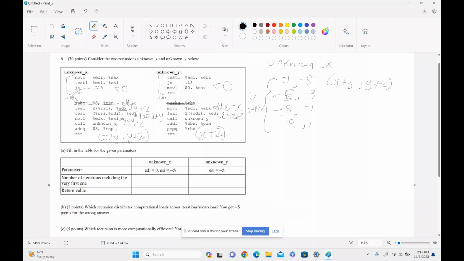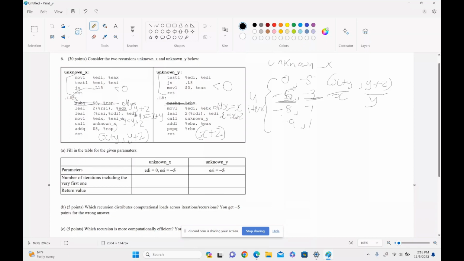Do you see the first value is 0, -5? I got it from the table, okay? So for the next value, we just plug those values in this equation. So this part is just X, okay? And this is Y. If you plug these values in, 0 plus -5 is -5, okay? And then Y is -5, so -5 plus 2 is -3.